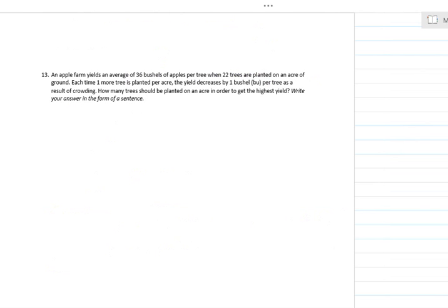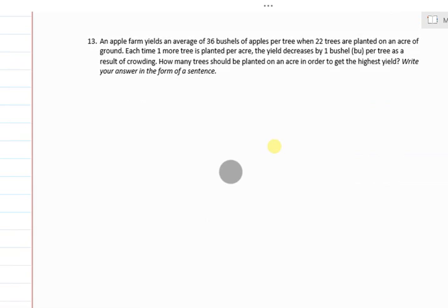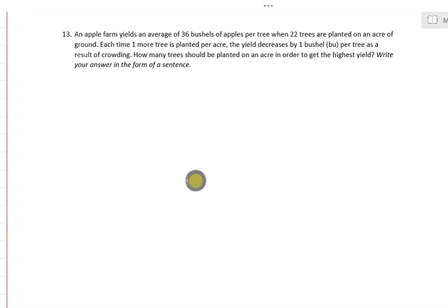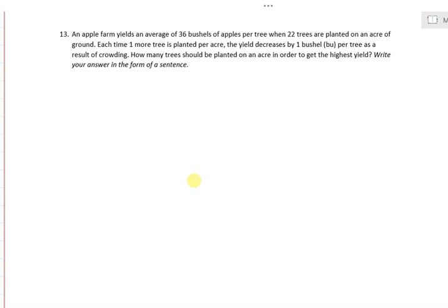Okay. This next problem is about an apple farm. It's another maximization problem. What we want to know is how many trees should be planted on an acre, so I'm going to identify that variable first. I'm going to say t is trees per acre. What happens is when I plant more trees, I have less yield.